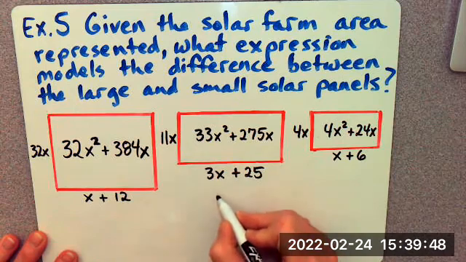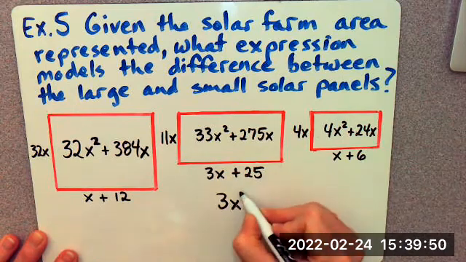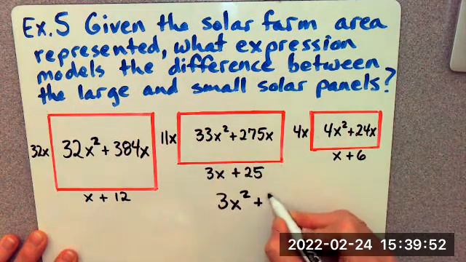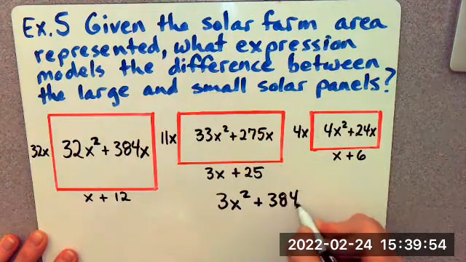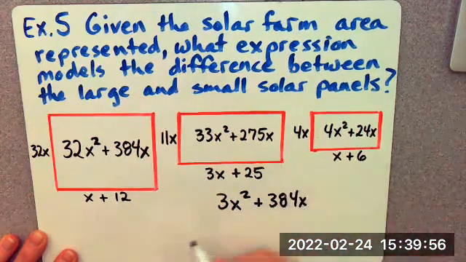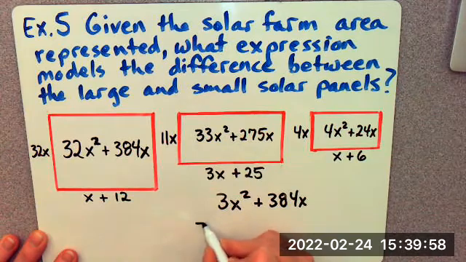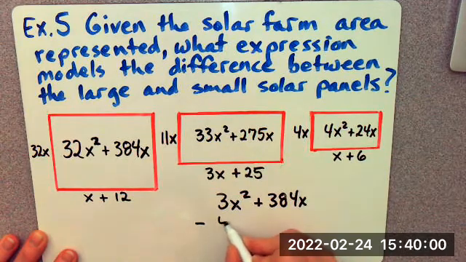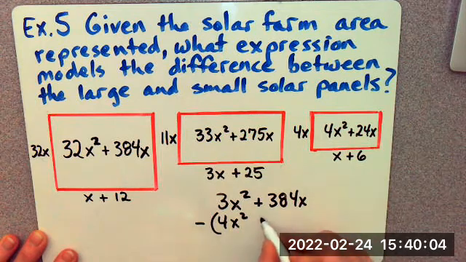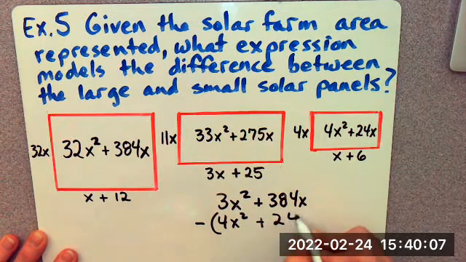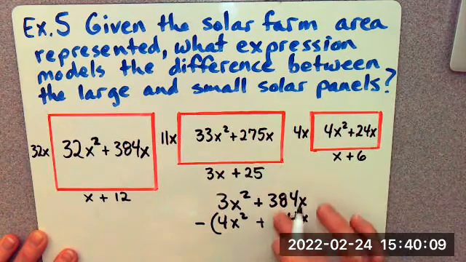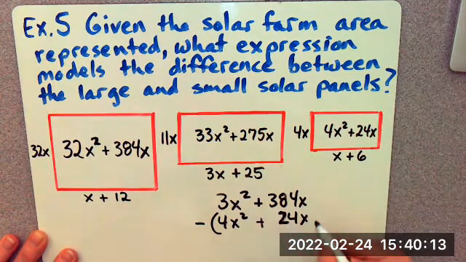So we can set this up 3x squared plus 384x, and then subtract 4x squared plus 24x from that. Let's put this right under there so we don't get confused.